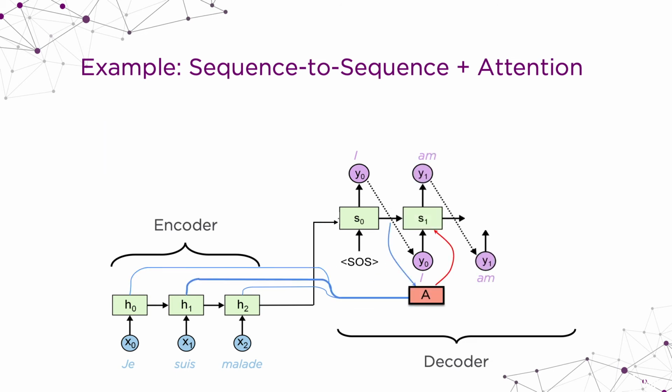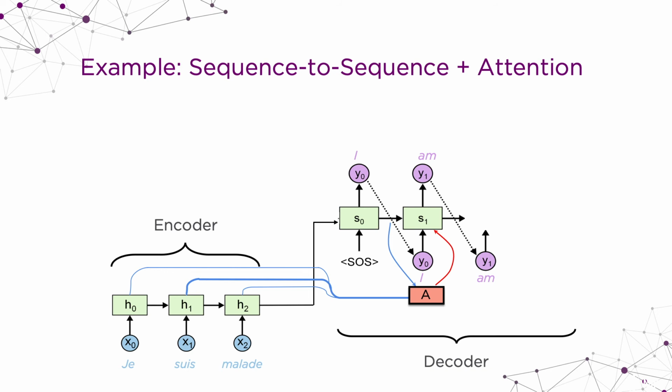So this part here, you can see that attention took as input the previous internal state from the decoder, and again is looking at the encoded sequence here from the encoder. And now the highest weight is on the second word, because the decoder is trying to predict the verb of this sentence.